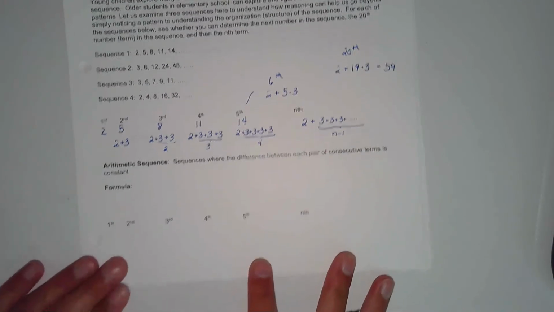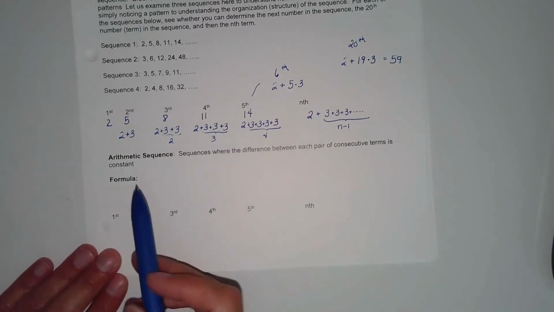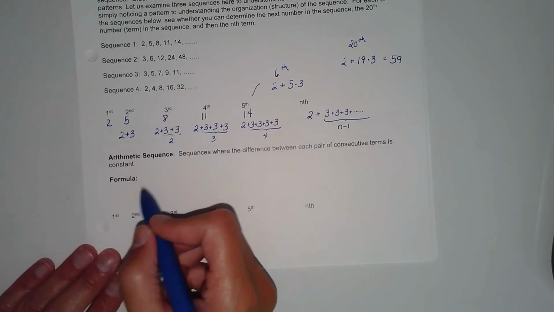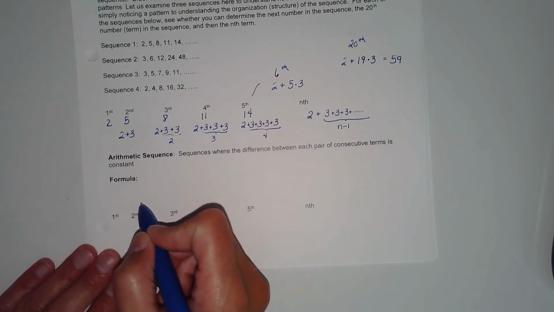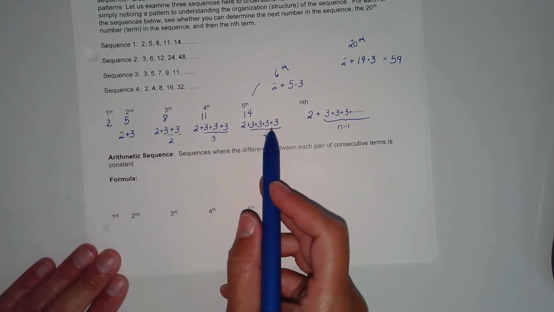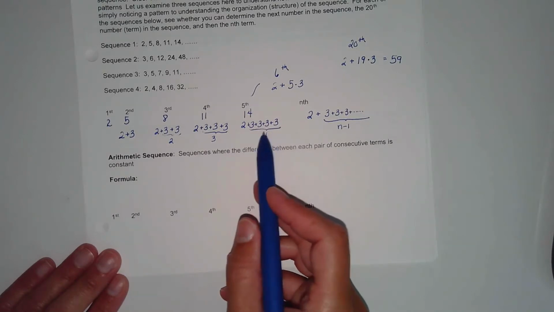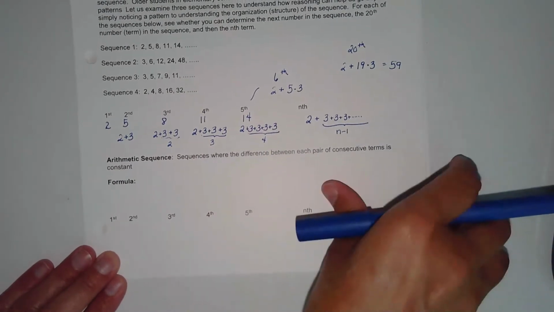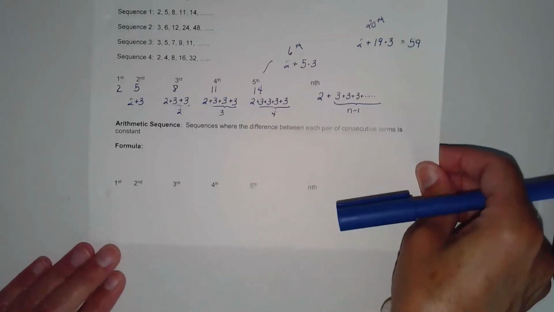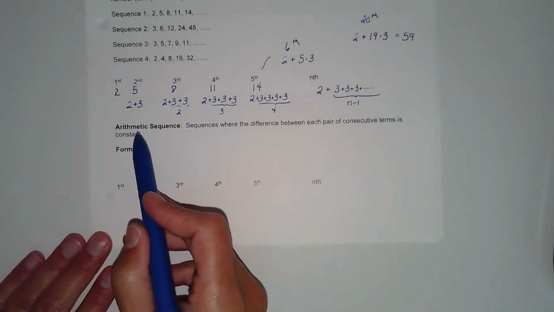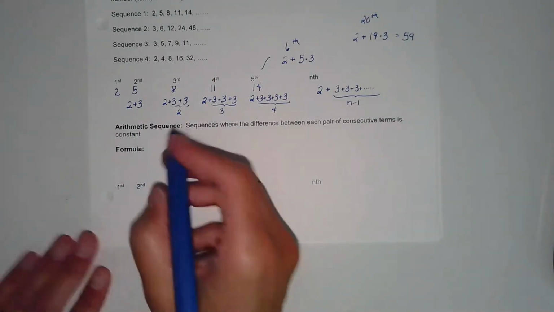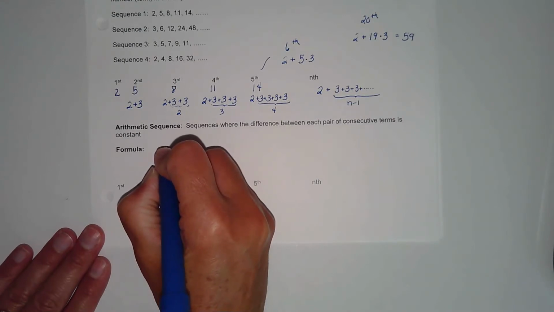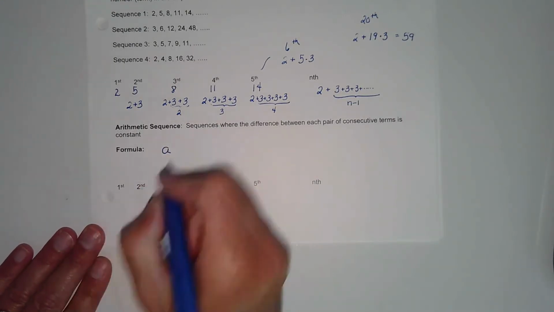Now the formula for this kind of sequence deals with the starting value, and it deals with the number that you're adding to generate the terms in that sequence. Now when you add a value to generate a sequence, it's what's called an arithmetic sequence. And here's the formula. It's A plus.